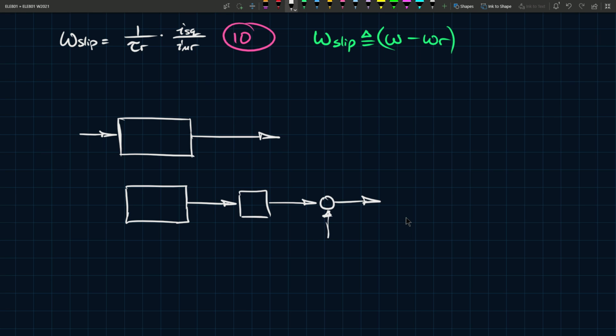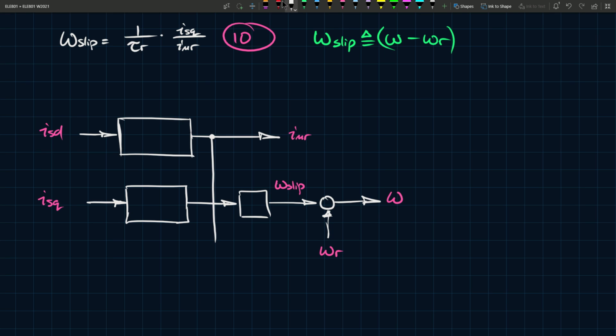We're going to have something like this. At each one of these arrows we have ISD here, ISQ here. The output of this is IMR, the output of this is omega slip, the output of this is omega, and the output of this is omega r. We're missing one connection here.